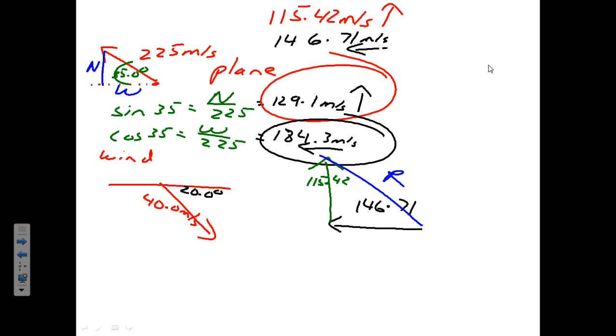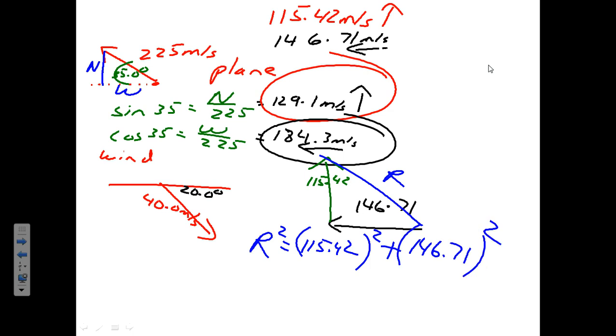Do a little Pythagorean theorem. R squared equals 115.42 squared plus 146.71 squared.